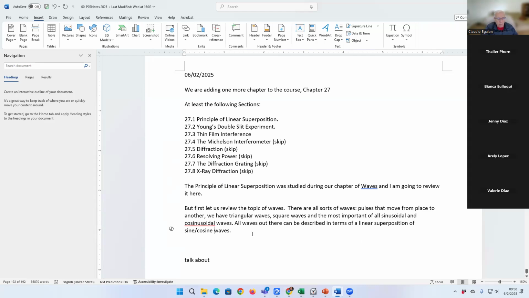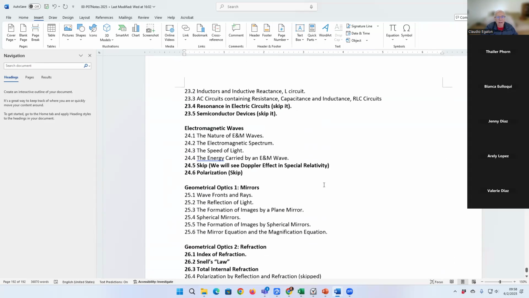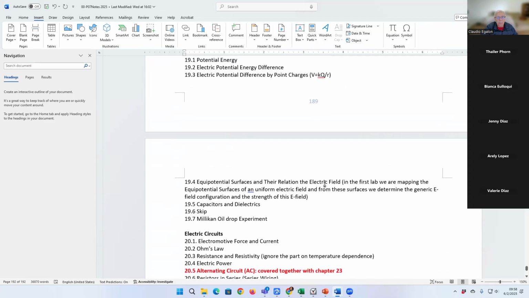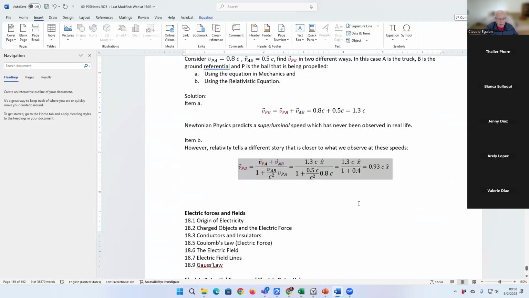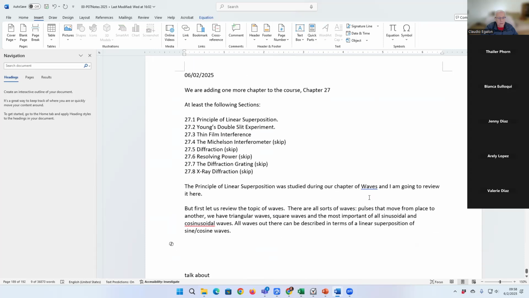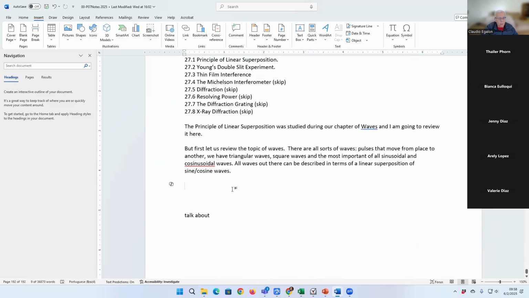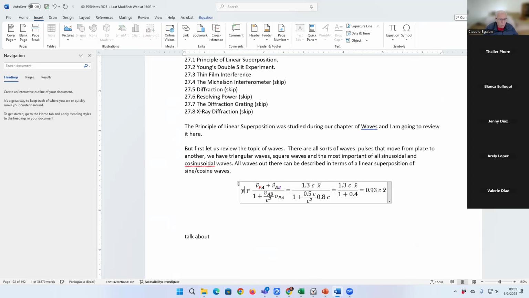And let me remind you how they are expressed mathematically, right? Sinusoidal waves are expressed, one-dimensional sinusoidal waves, okay? The easiest of all is one dimension.